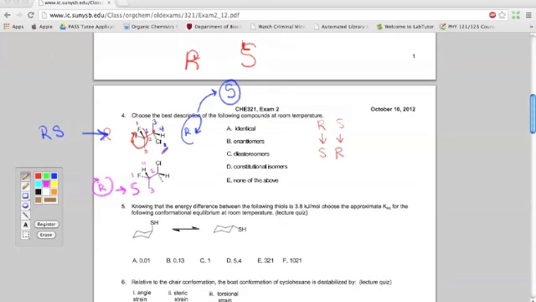And then you have 1, 2, 3, which is S. But you are going to encounter the same issue where you need to switch that to an R. So here you have an S, R. So this molecule is an SR.